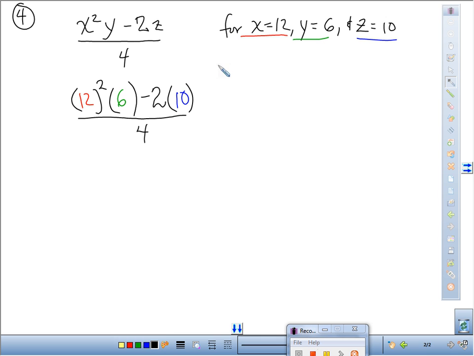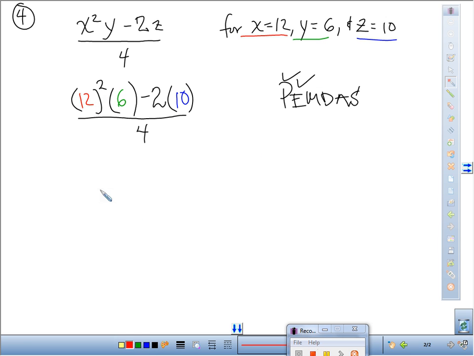And once again, what do you need to write for these? Order of operations, PEMDAS. Do I have parentheses? Yes, I have 3 of them, but can I simplify inside the parentheses anymore? No. Do I have an exponent? Yes, so it's this one.